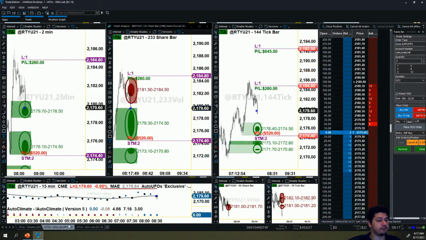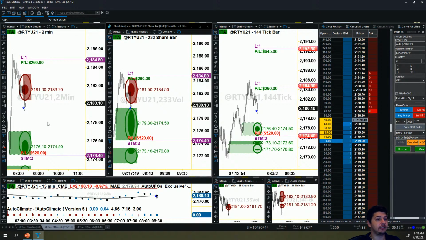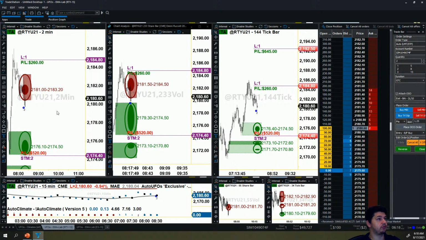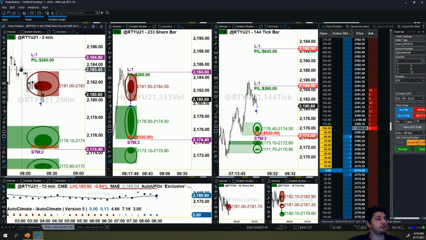Order, the Russell's filled. About to fill. Okay, it looks like it did fill. So we got that going for us. Looking a little bit in the green off the bat, which is nice to see. Now, something that we always do when we're managing our trades is the following.